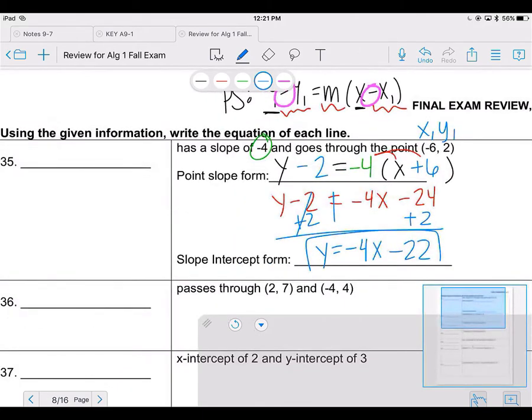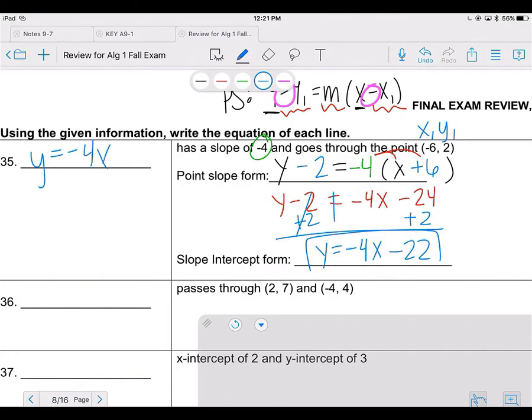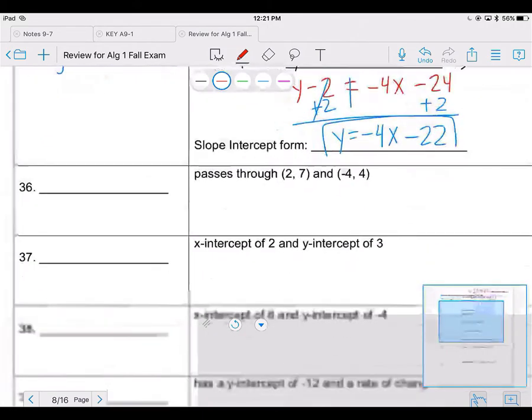So you can rewrite it over here if you want. Please remember, whatever slope you start out with is the slope you should end up with. Even though these are two different ways to write the equations, starting in point slope and ending in slope-intercept form, my slope should not change.